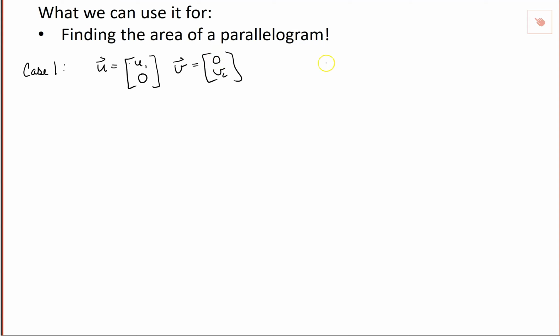Let's make a picture of this. I have my u vector oriented along the horizontal axis, because the vertical component of that vector is 0, and similarly the v vector is oriented along the vertical axis. Now, what's the parallelogram that's determined by these 2 vectors?